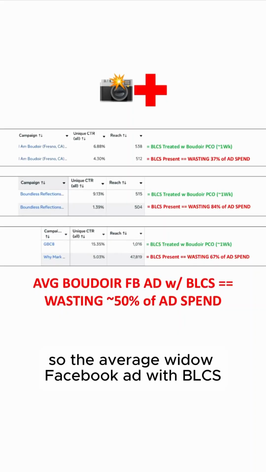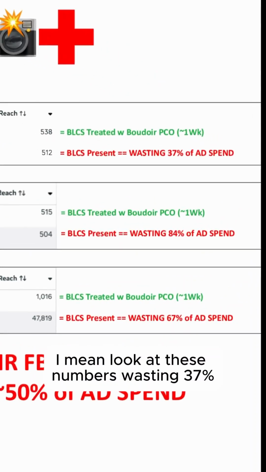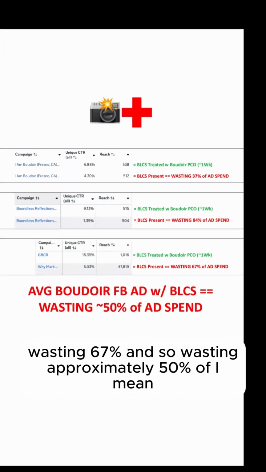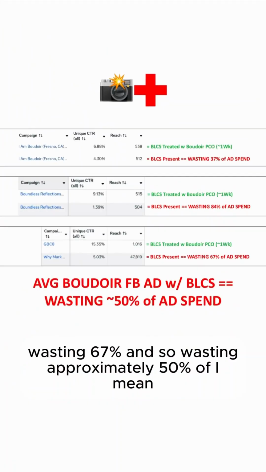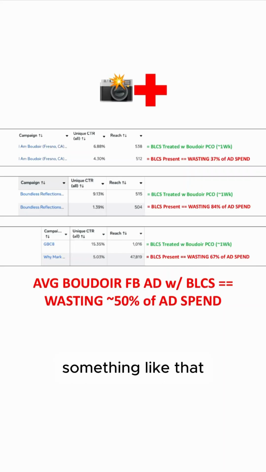So the average Boudoir Facebook ad with BLCS is wasting approximately 50% of ad spend. I mean, look at these numbers: wasting 37%, wasting 84%, wasting 67%. So approximately 50% of it. The average there is between 50 to 60%, something like that.